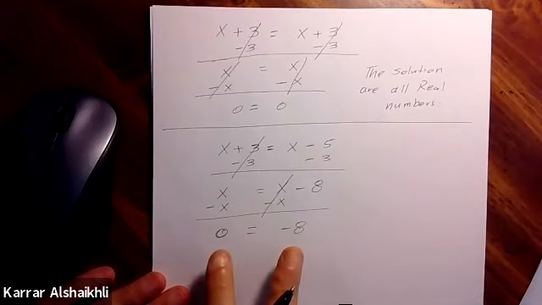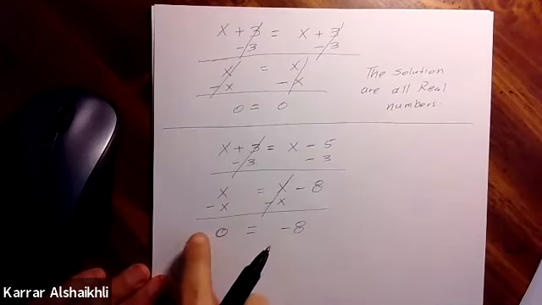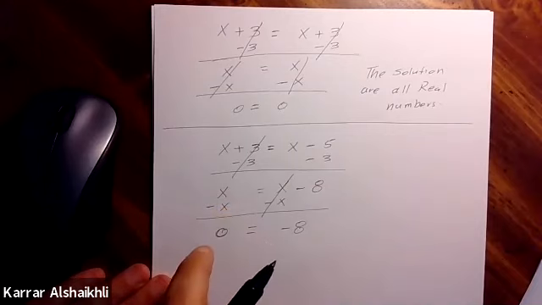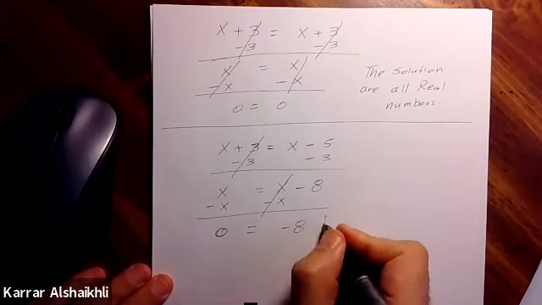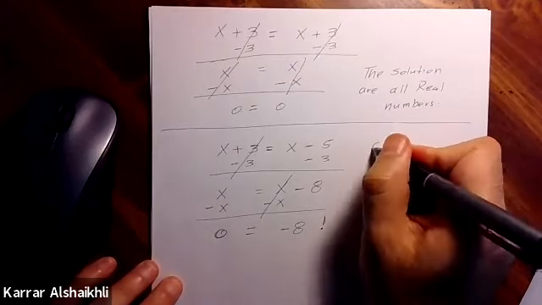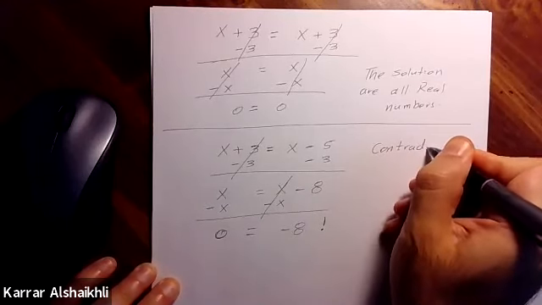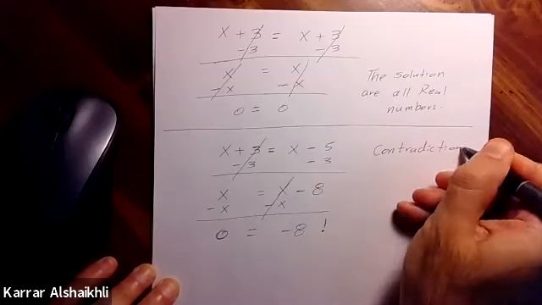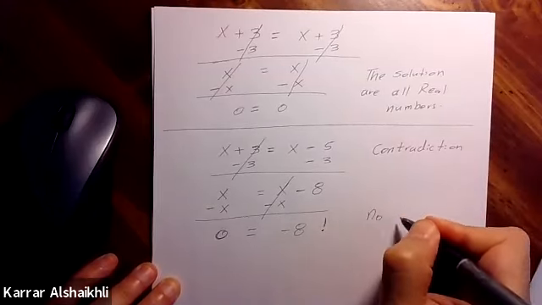You see now we have two different sides. 0 equals negative 8. There is no variable here because x minus x is 0. 0 equals negative 8? No. This is a contradiction sign. So the type is contradiction, and you will say here, no solution.